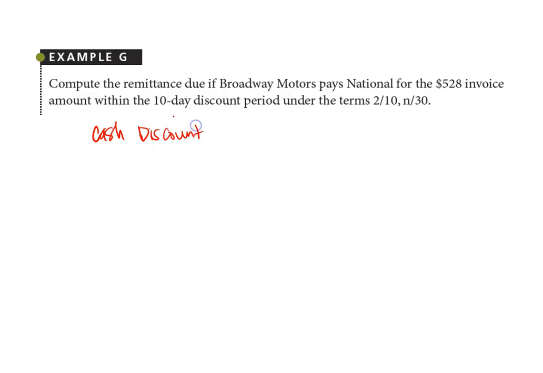So we are assuming that they did pay within the 10-day discount period. And so remember that they do receive a 2% discount. So I'm going to take the invoice amount of $528 times 2%. This gives me a discount of $10.56.